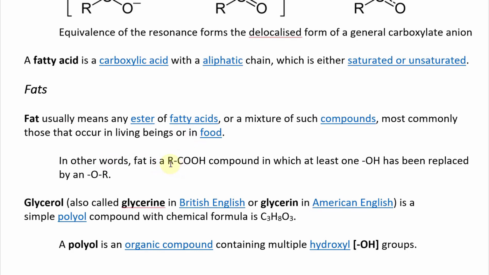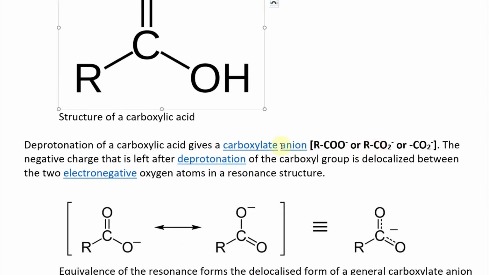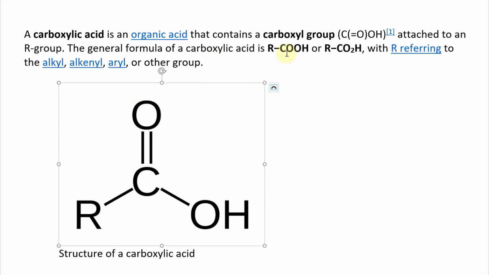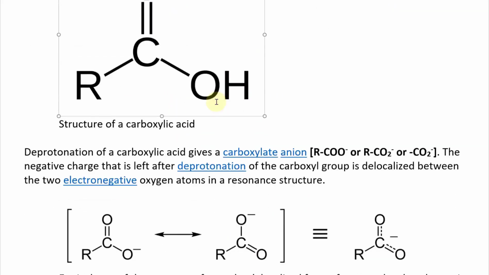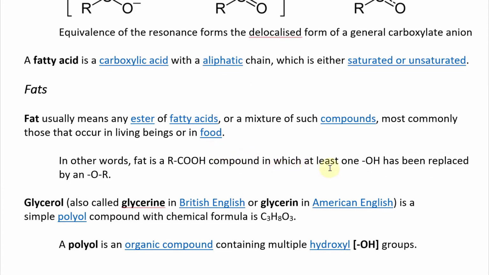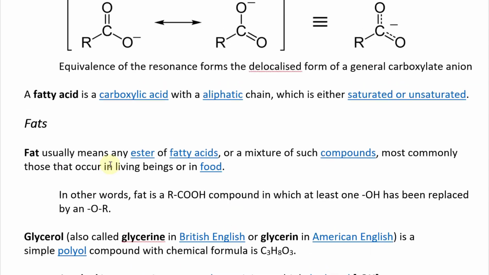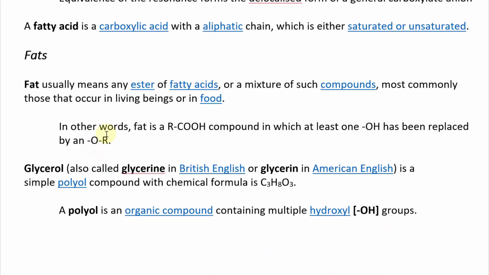In other words, fat is an R-COOH, which is this carboxylic acid compound in which at least one OH, because you're making an ester, has been replaced by an O-R. This R is an alkyl, which comes from an alkane, a saturated acyclic hydrocarbon, and this one is going to be missing a hydrogen.